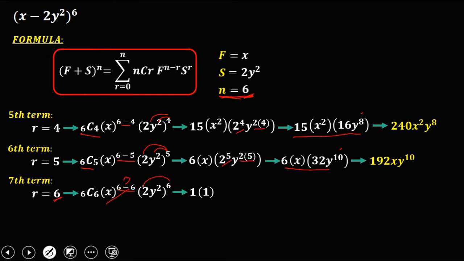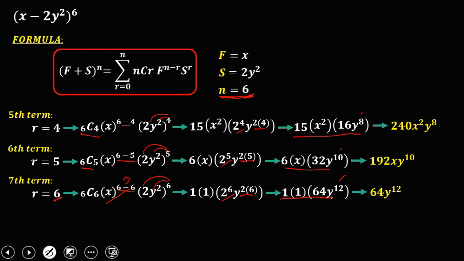Then distribute the exponent, so 2 to the power 6, then y squared times 6. Then simplify, so 2 to the power 6 is 64, and 2 times 6 is 12. Then you multiply, so the answer is 64y to the power 12.